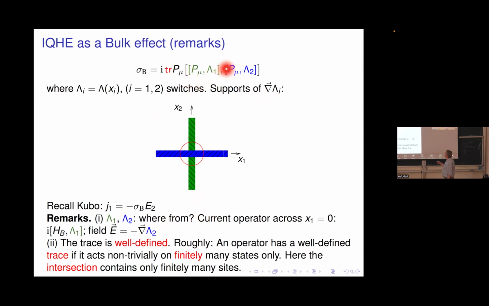And then you may ask, well, how the heck do you get the switch function? They have a physical origin. We would like to measure how much current there is.